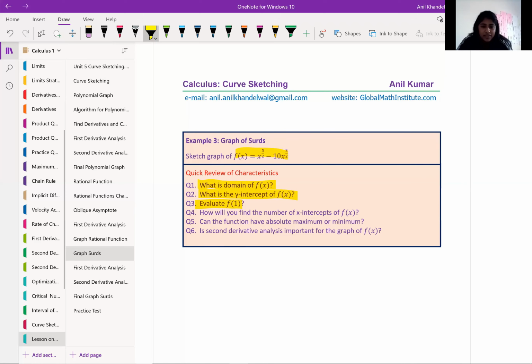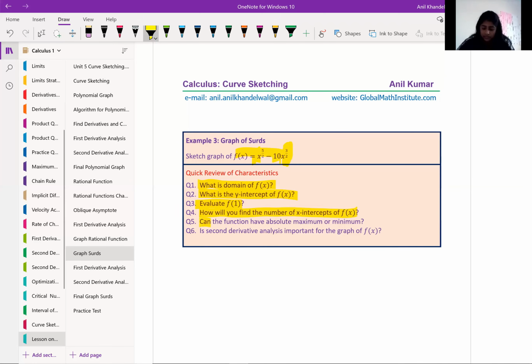Just factor it out. The lower power is 3 by 2, so you factor x to the power 3 by 2, and whatever remains stays inside. You have two factors. x equals 0 is one of your zeros. When you factor x to the power of 3 over 2, you get just x here and minus 10 there, so you know the other zero is at 10. It's not very difficult, right? So you can easily find x-intercepts by factoring.